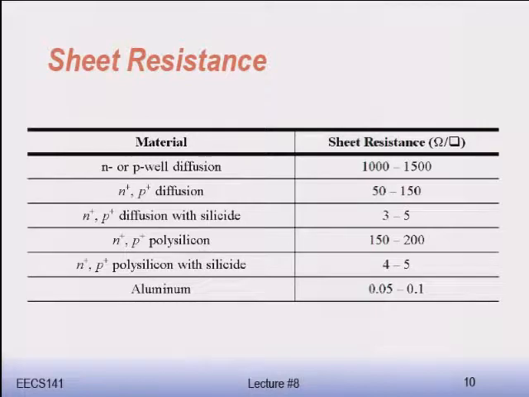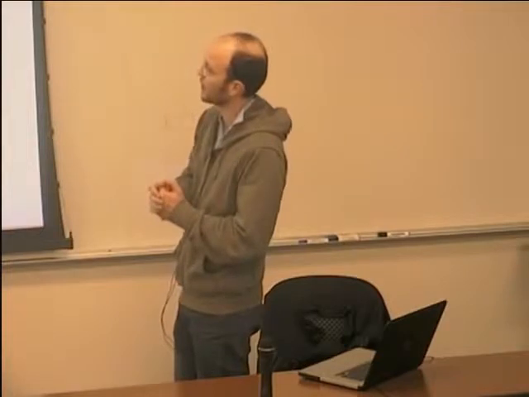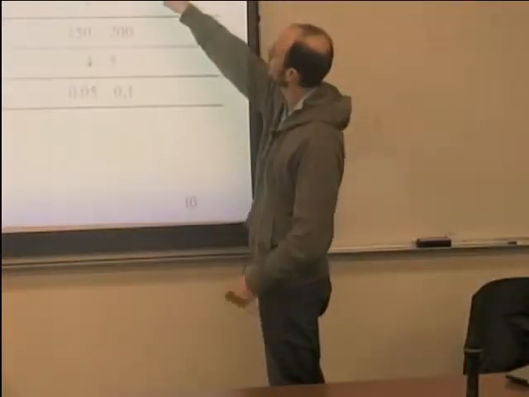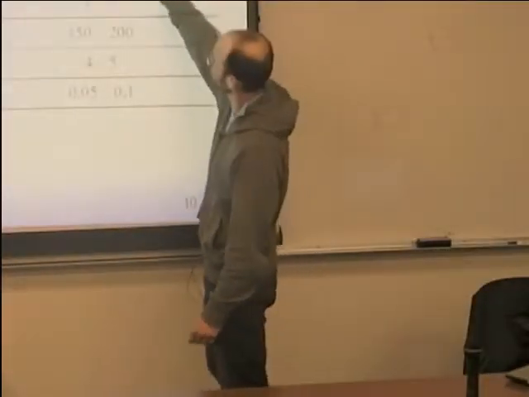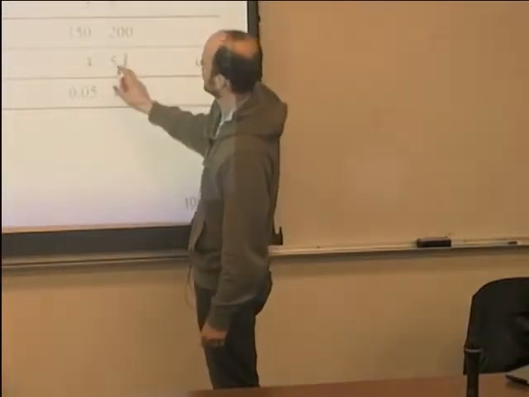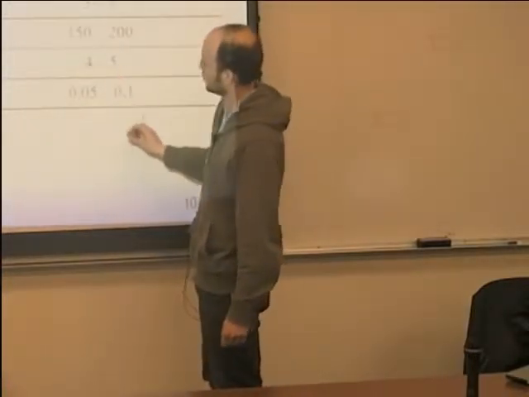Also, can anyone say what could be another disadvantage of using diffusion for routing compared to, let's say, metal? I will tell you that it's not the resistance, because we're already talking about resistance. So what do you think could be one difference between using diffusion to route and, for example, metal 2 in aluminum?